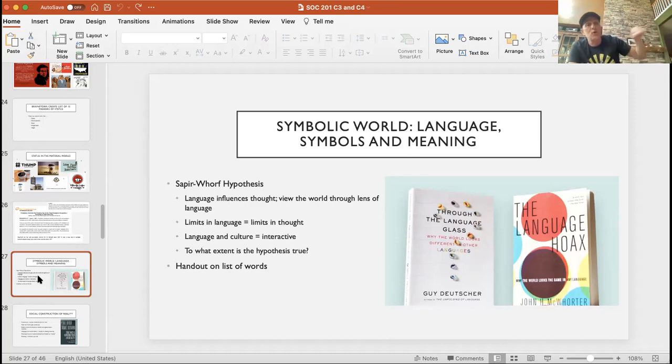So you view the world through a lens of language. In their time period they called that linguistic determinism. We talk about it today more as linguistic relativism: language shapes your perspective of reality and reinforces it, but does not determine your view of reality. So language and culture are interactive. If we study our language system, we're studying culture, right?